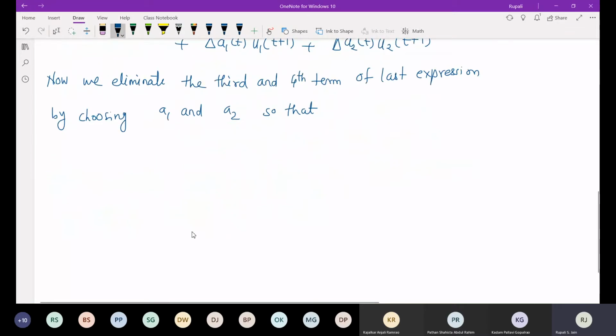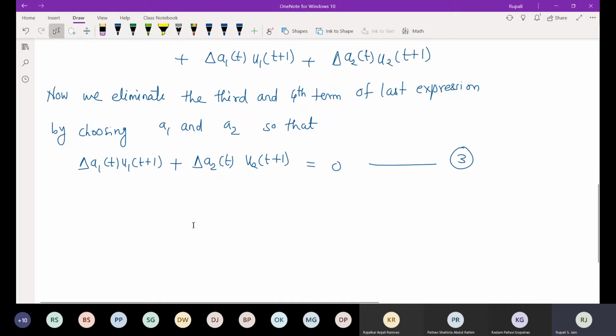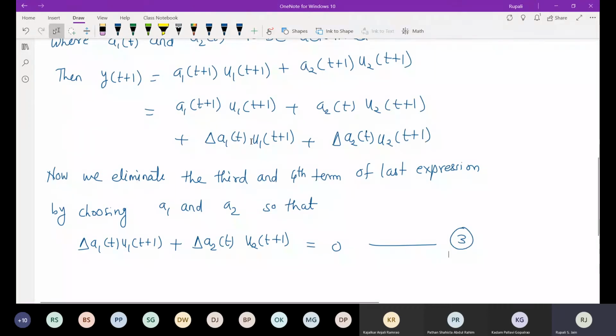That is, delta A1t U1 t plus 1 plus delta A2t U2 t plus 1 will become 0. I want to eliminate this third and fourth term, so I will choose A1 and A2 so that delta A1t U1 t plus 1 and delta A2t U2 t plus 1 will be 0.